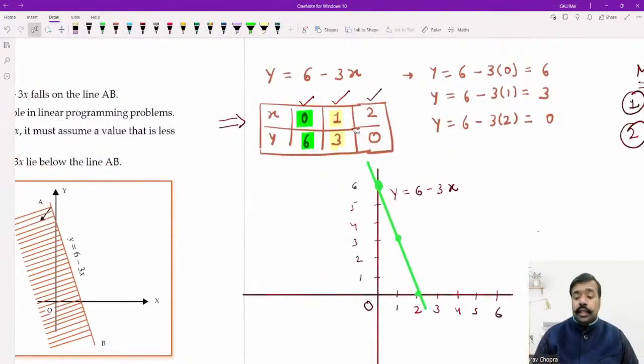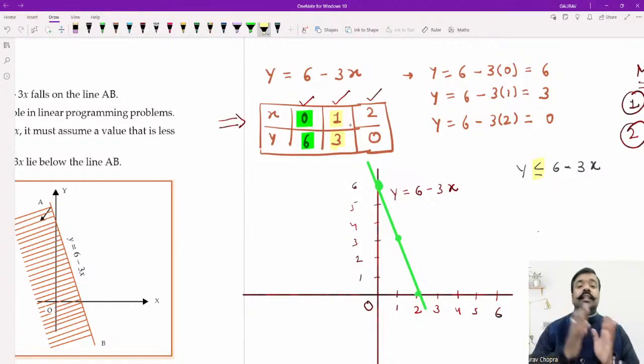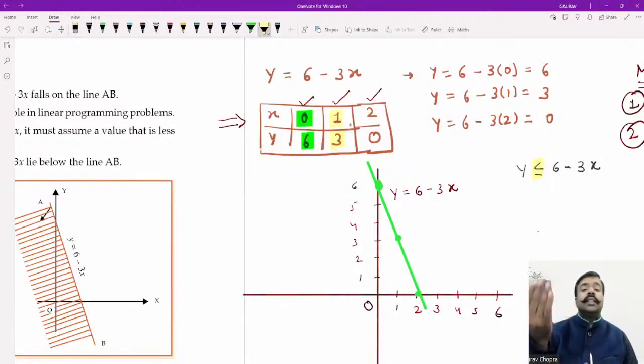Now this is the thing which we have to do. Let's say the equation is y less than or equal to 6 minus 3x. This is an inequality. Whenever a less than or less than equal to sign is given, that means there is an upper limit, and we cannot exceed this limit.